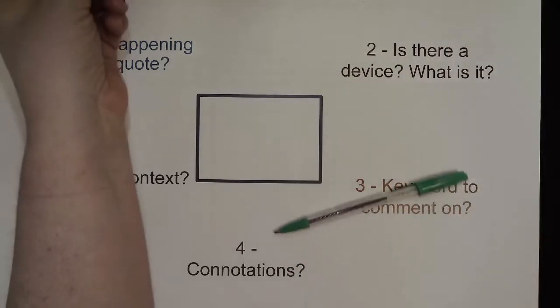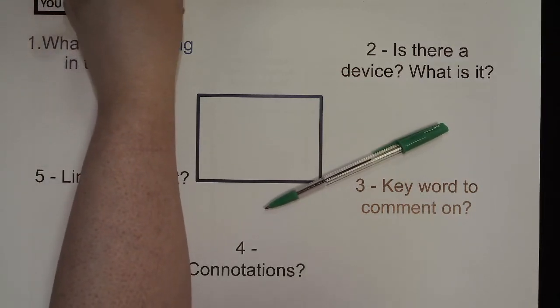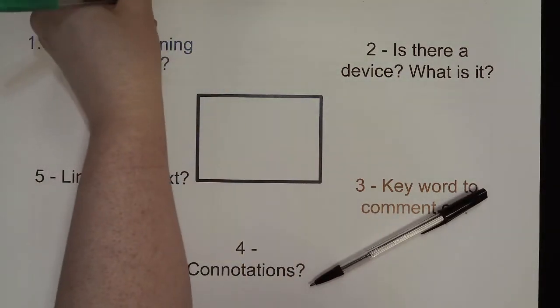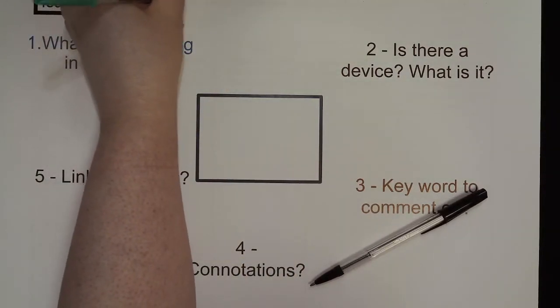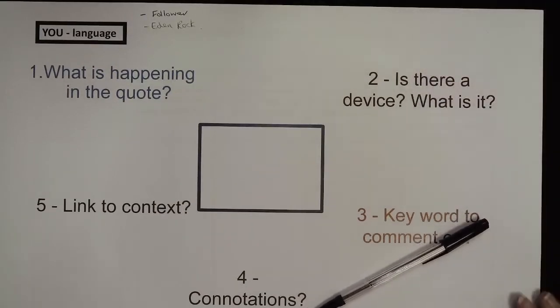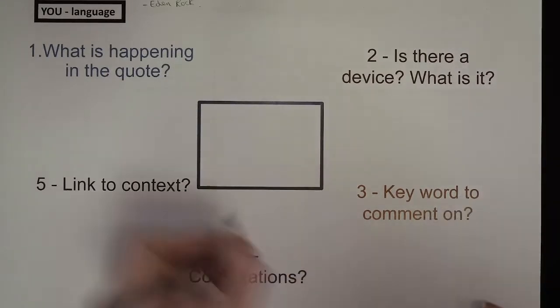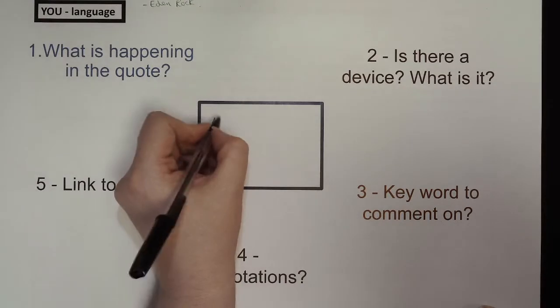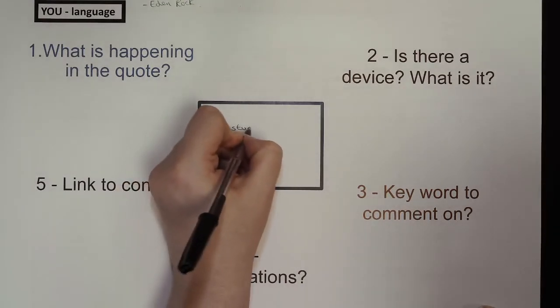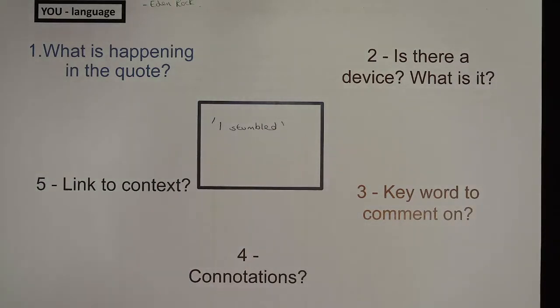So I'm just going to draw a little key at the top, and that will just help me remember. I'm going to do Follower first because that's the named poem. So in the middle of my quote explosion, I write the quotation that I'm going to be looking at. And as I've just done it in the actual plan, it was I stumbled. So pause this recording now so you can write your quotation in the middle box.